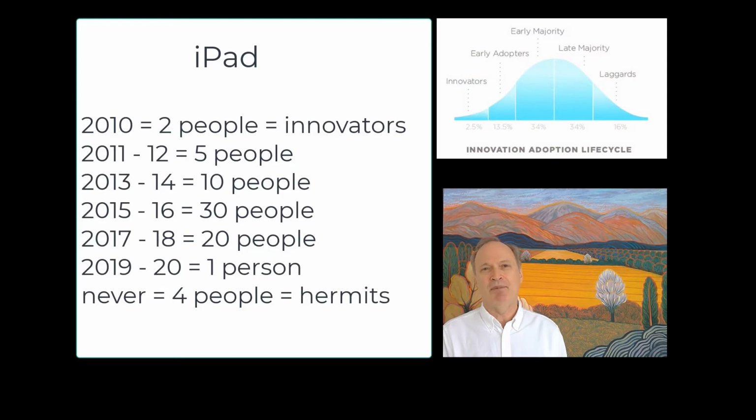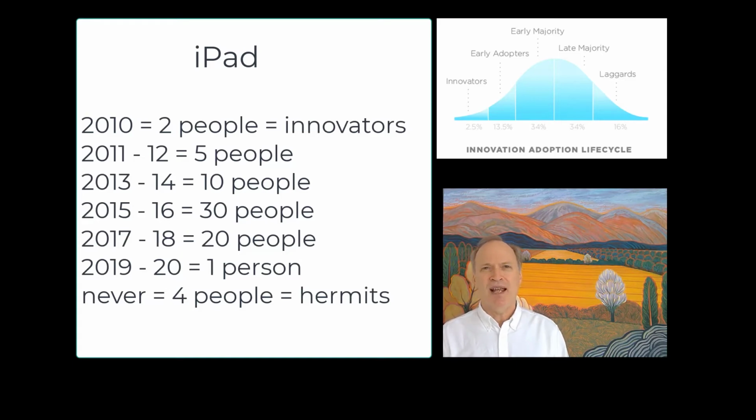The innovators, those 2 or 3 people who adopted, they influence the next segment, the early adopters, etc. This is classic diffusion theory that was developed in the 1960s at Stanford University by Everett Rogers and others. So this bell curve or life cycle curve is nothing more than a footprint of the diffusion process across segments.